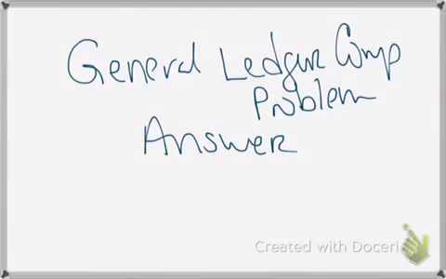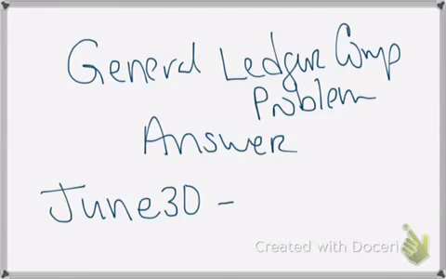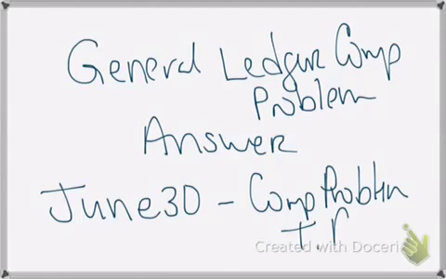Your answer key for what the trial balance should look like at June 30th is going to be under the comprehensive problem trial balance. So those are your answer keys that you can go in and look at. This goes through chapters 1 and 2 for the comprehensive problem.